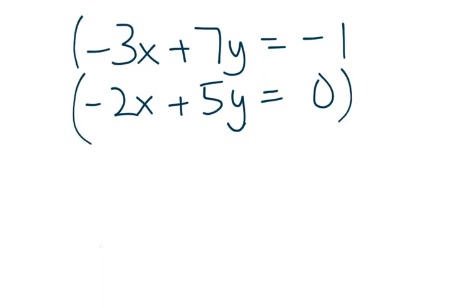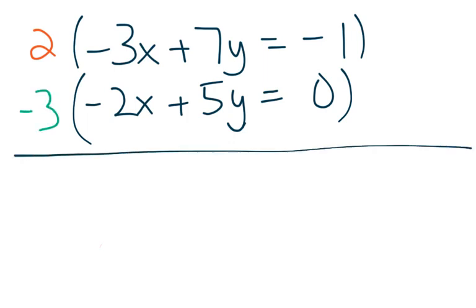Now, they're both negative already, so I need to make one of them positive. And it does not matter which one I pick. I think I'm going to multiply this one by -3 and this one by +2. And the reason why is because when I multiply -3 times 0, it's just going to be 0. So I'm going to color code these again just so we can show the difference of what we're multiplying.